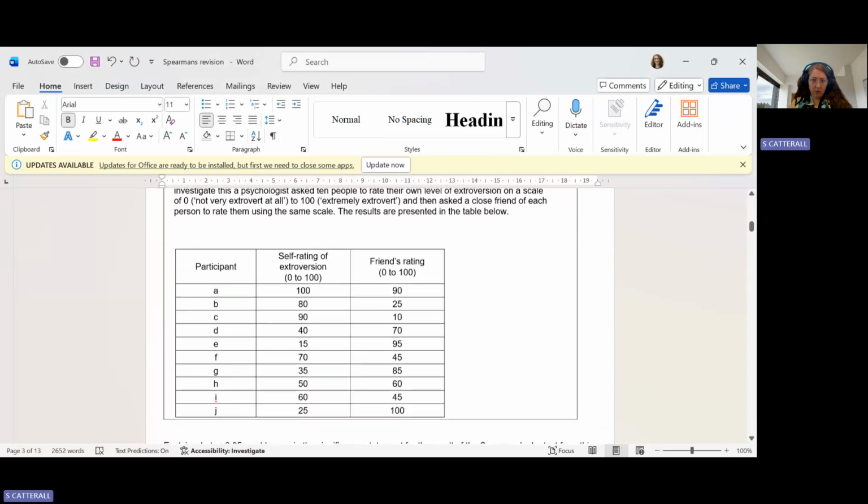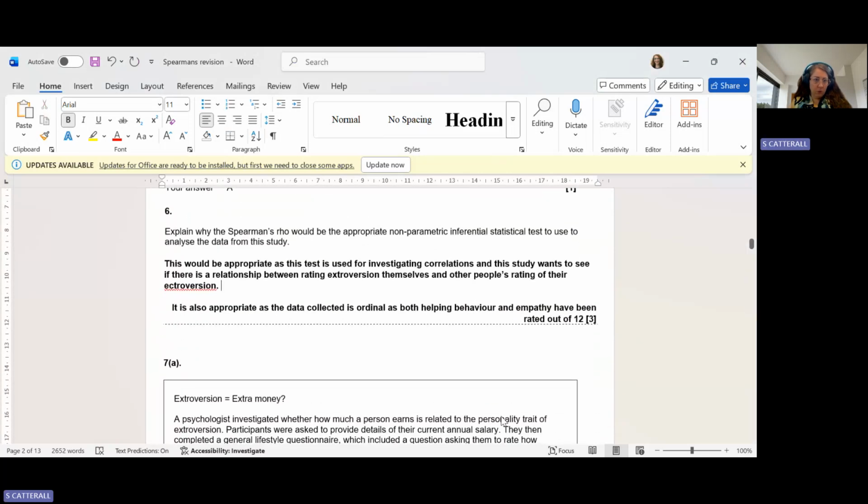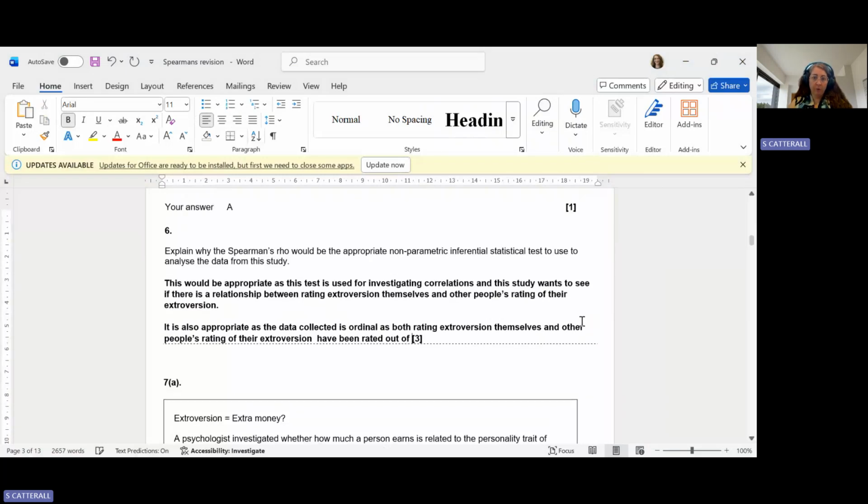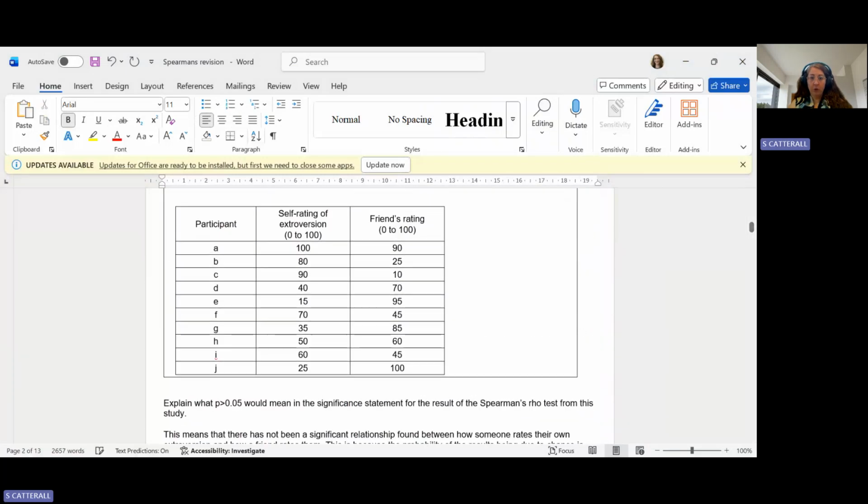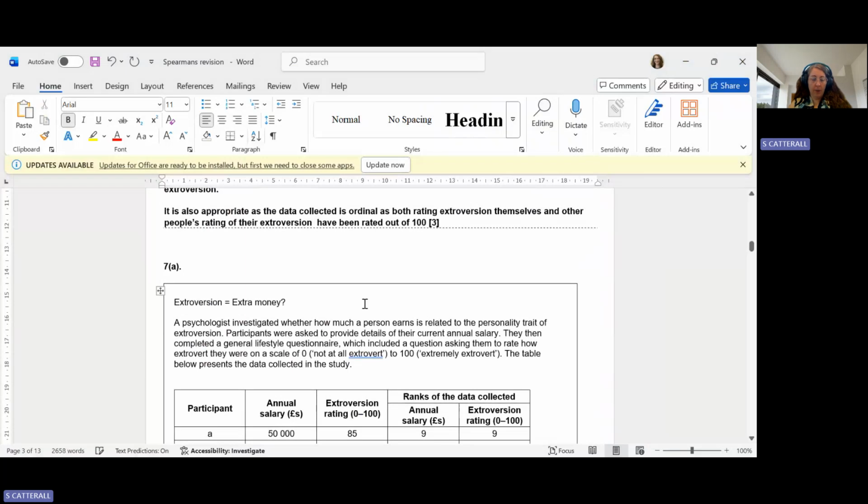Let's just double check. Yeah, I think so. Let's just spell that right. And then we've got because both statements have been rated out of, what was it rated out of 100? So nice and easy to get your context on that one.